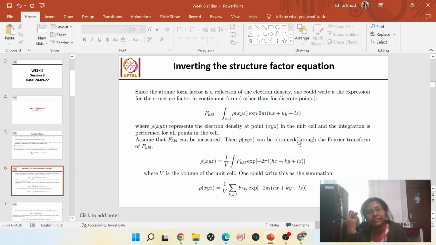Sorry, wait. C12 is the mass number, not the atomic number. That is what I'm saying.